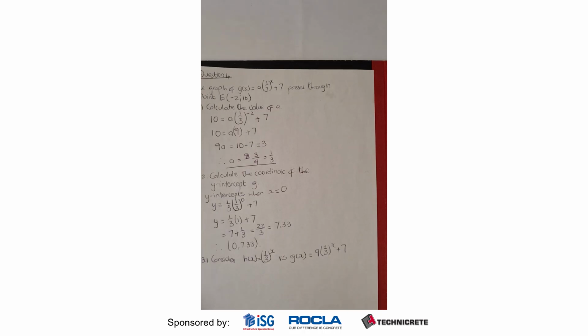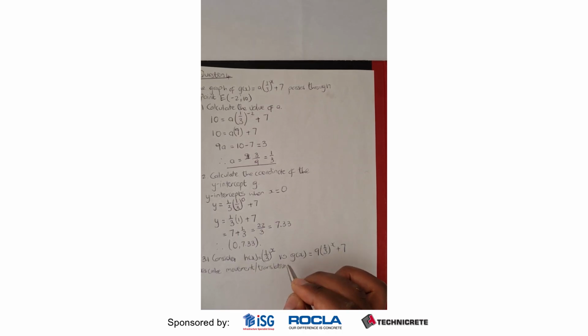Now, the question then is, describe the movement or translation from G all the way to H. How do we do that? Now, let's start with the 7.